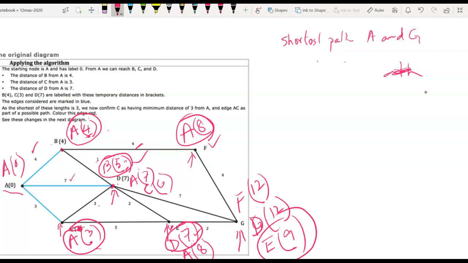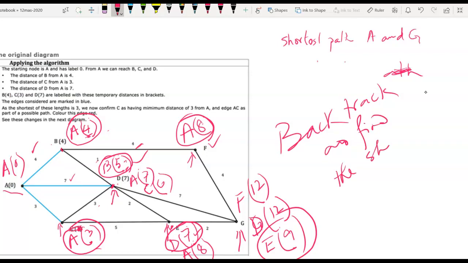Now, we have to backtrack and find the shortest path. Don't forget to do that. How do you backtrack?